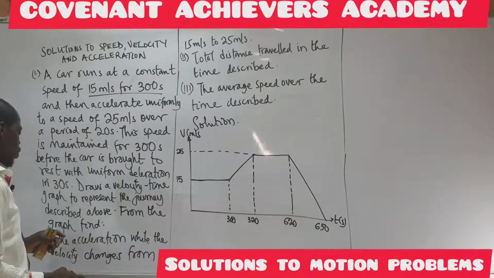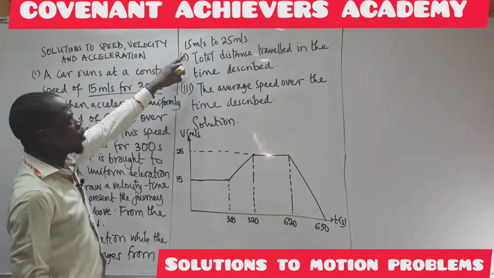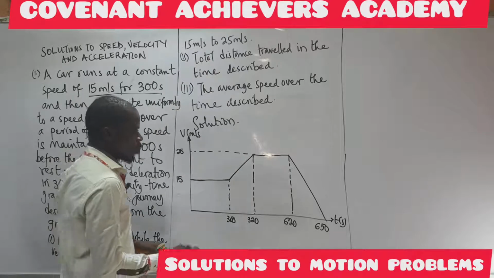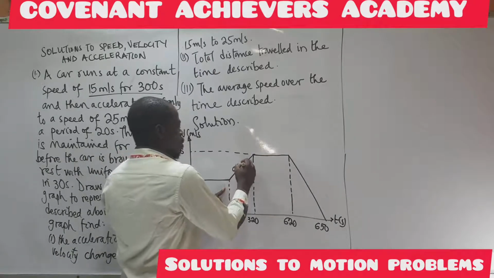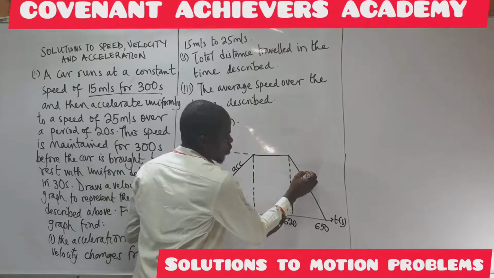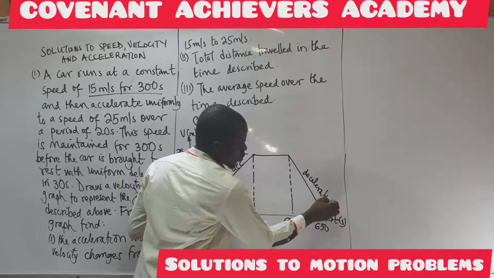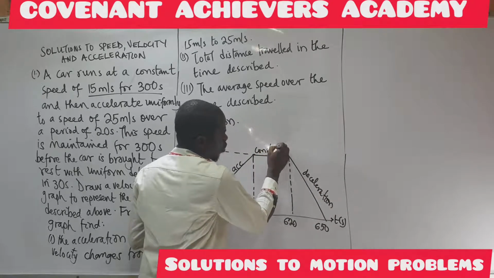Now from the graph, we are asked to find the acceleration while the velocity changes from 15 meters per second to 25 meters per second. This is where you have the acceleration, this is where you have the deceleration, and this is where you have your constant speed.